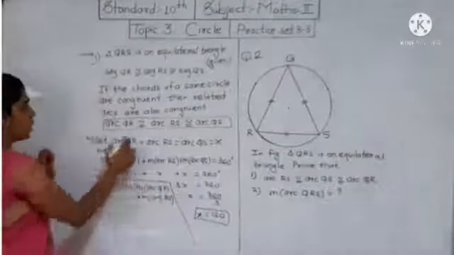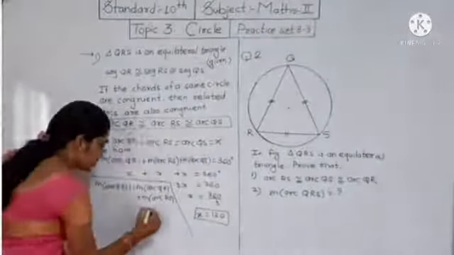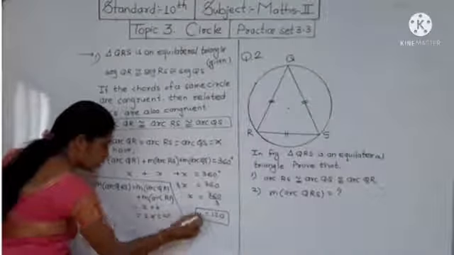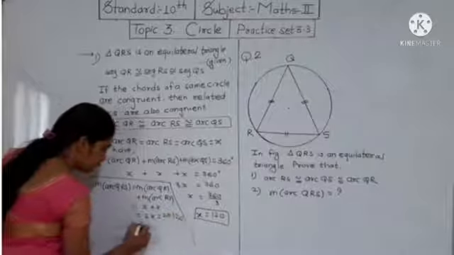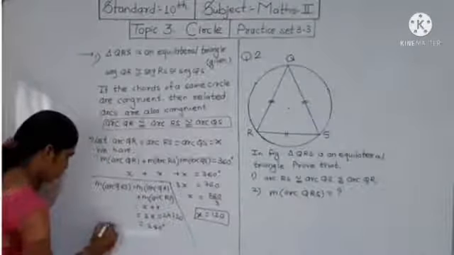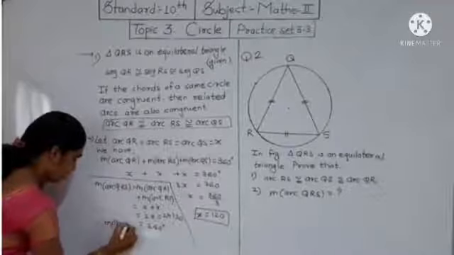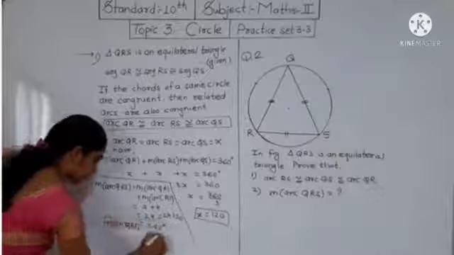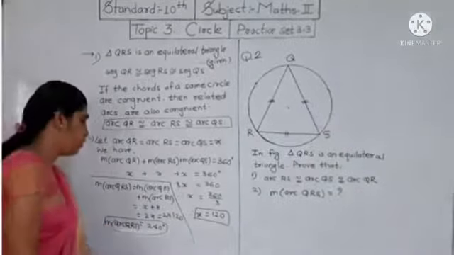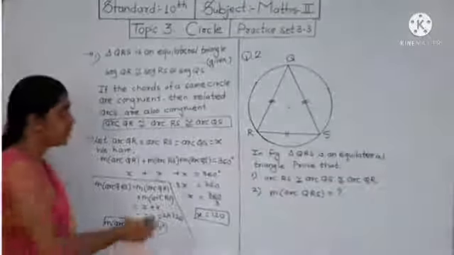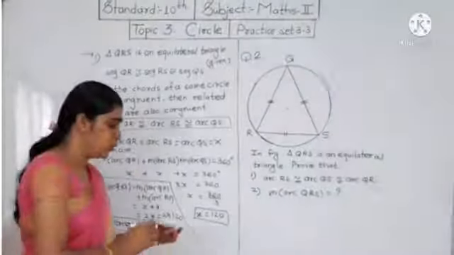So what is QR? QR is x, and plus x is equal to 2x, is equal to 2 into the value of x, 120. So 240 degrees. Therefore, we get major arc QRS as 240 degrees. Okay. So students, here we completed question number 2.